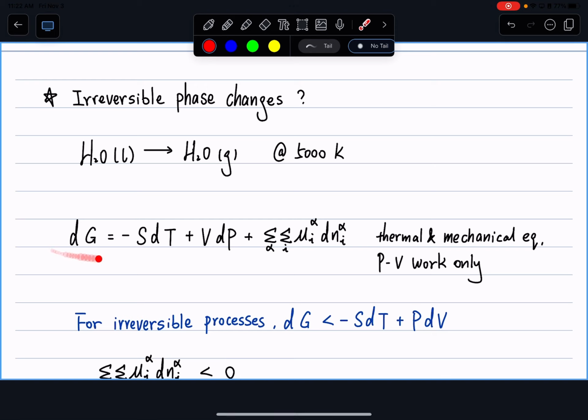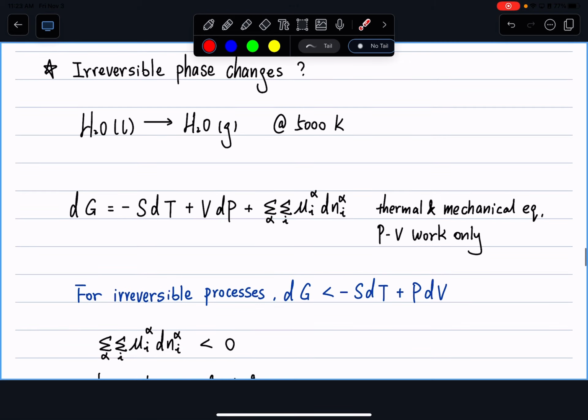Again, we have our expression of the Gibbs free energy, dG. And for irreversible processes, what we know is that dG is smaller than negative SdT plus VdP. We went over that in lecture 9, if you want to go back and review it.